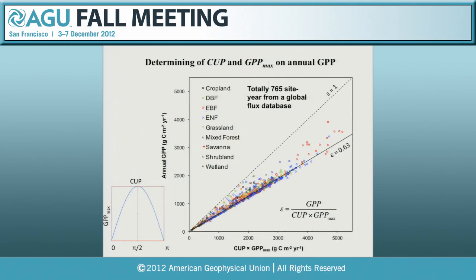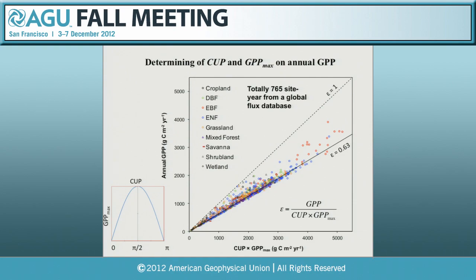And then we had an idea. If this is the maximum GPP and this is the CUP, then if we multiply them, we get the rectangle area. And the annual GPP is basically the area below that curve. So we plot the annual GPP against that rectangle area, and we get a ratio.